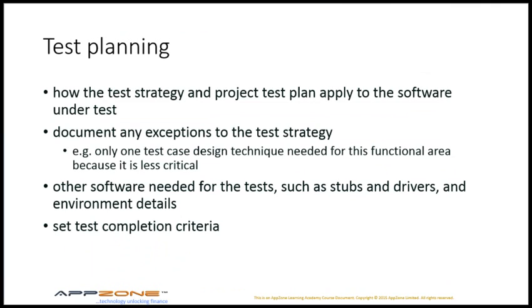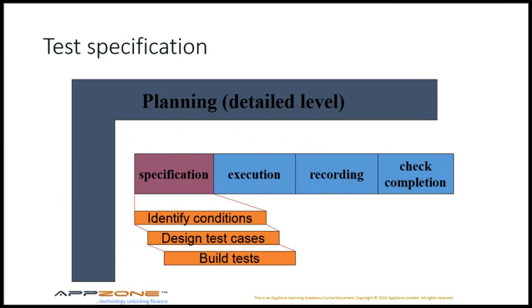So other software such as stubs and drivers, and the environment details. And then you also set the test completion criteria such that when you meet up with the criteria, you can consider your test to have been completed.